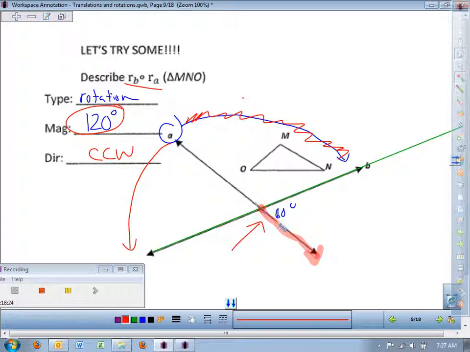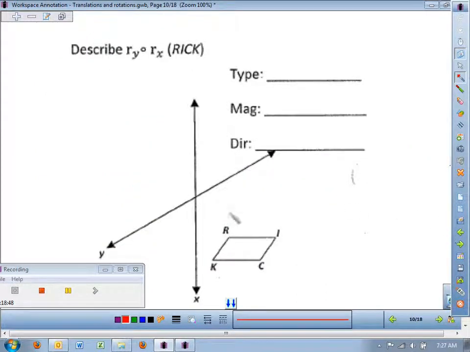Magnitude: measure the non-obtuse angle and double it. Direction: figure out which line comes first. Which one did you reflect over first according to the composite? Circle it. Draw an arrow towards the other line through the non-obtuse angle, and that will tell you your direction. Counterclockwise positive, clockwise negative. Uno mas, my friends.